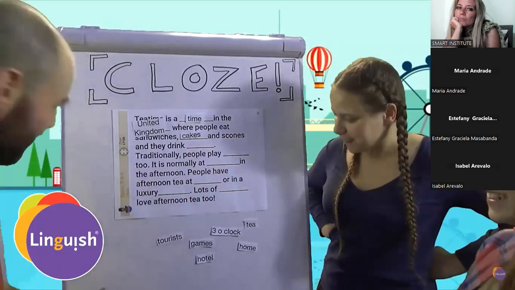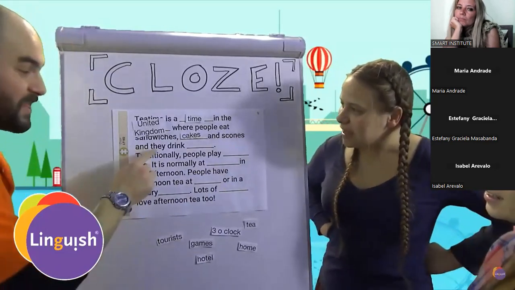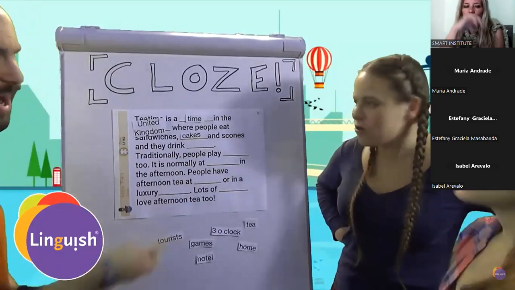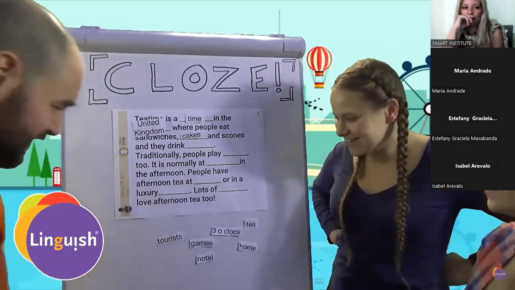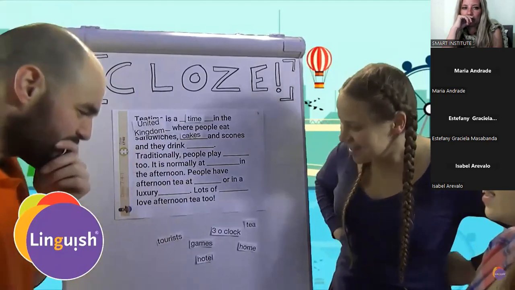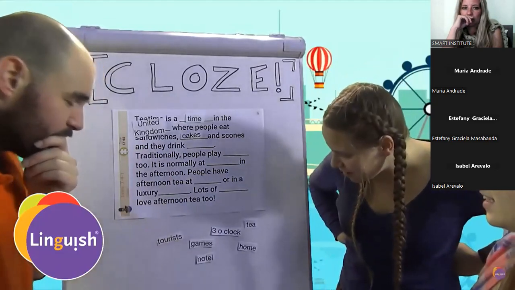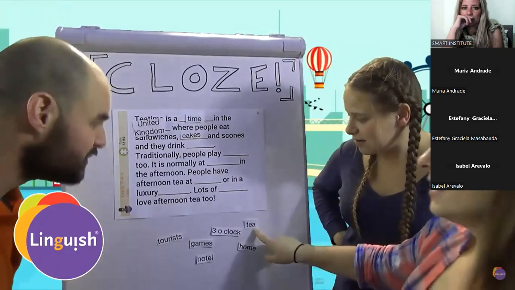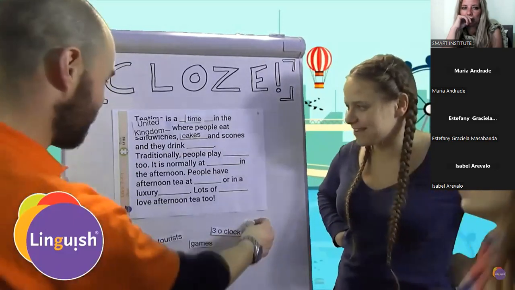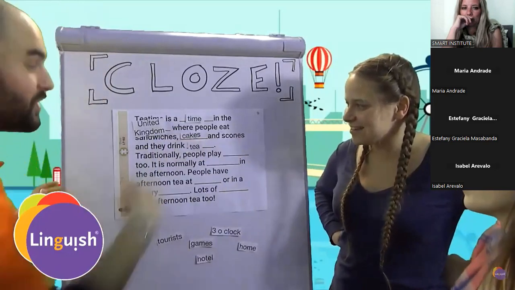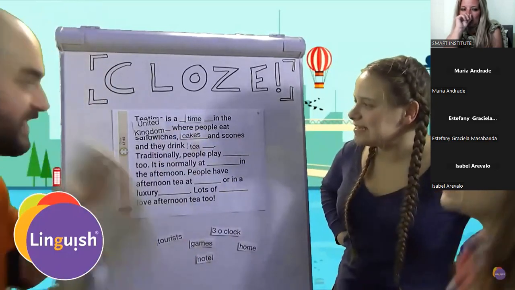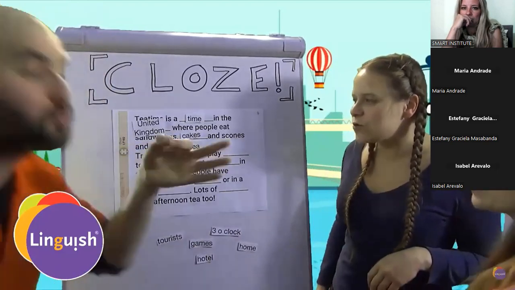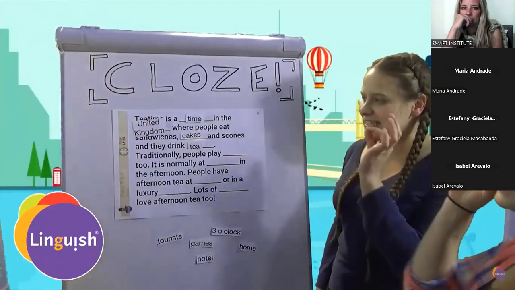Yeah, that works. Okay, let's continue. And they drink tourist? No, you can't drink tourist. That doesn't exist. They drink... Ah, they drink tea. Yes, exactly. Okay, let's read again. Where people eat sandwiches, cakes, and scones, and they drink tea.